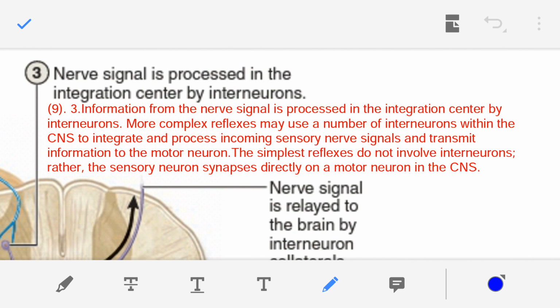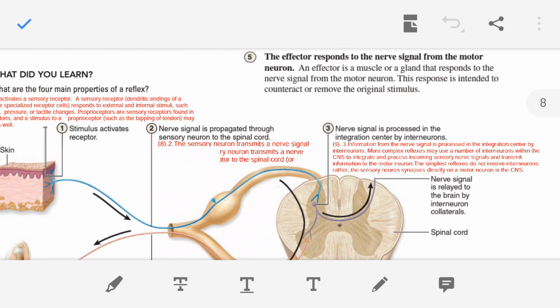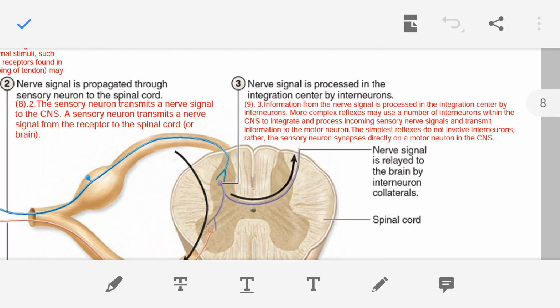In the simplest reflex, the interneurons are not involved. Sensory neuron makes direct contact with motor neuron. That means the sensory neuron synapses directly on a motor neuron in the CNS, that means in the brain or spinal cord.